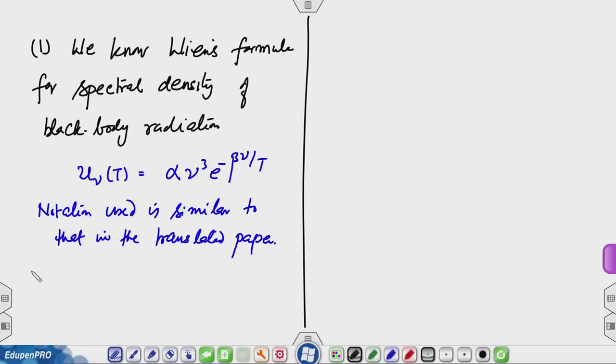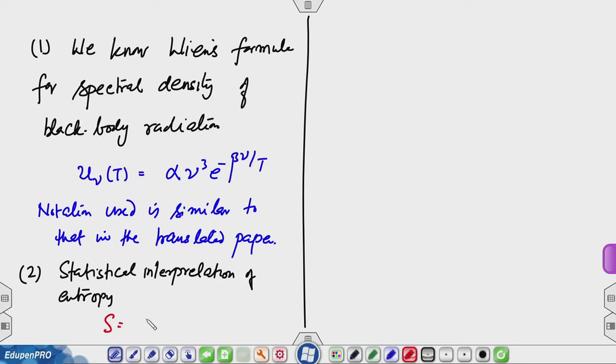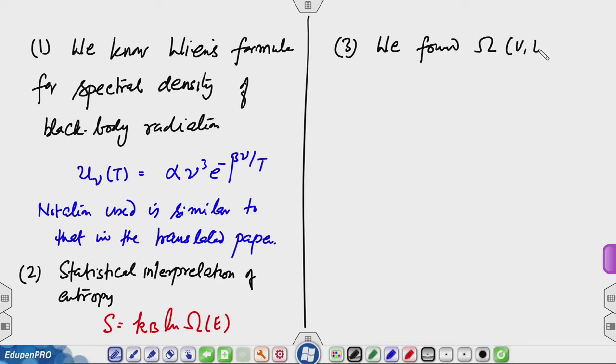We also learned about statistical interpretation of entropy, according to which the entropy is given as K Boltzmann, some constant now we know is K Boltzmann, log of omega E and other macroscopic parameters of the system. Third, we found omega for a given volume and energy for an ideal gas.